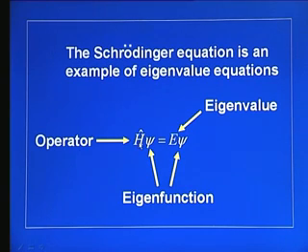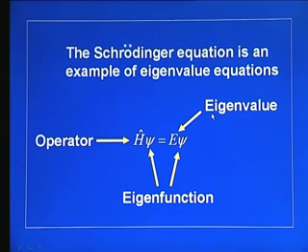Here the H is the Hamiltonian, and that's what makes it the Schrodinger equation. The wave function psi is called the eigenfunction, and the constants that we obtain, the energy E, are called the eigenvalues.